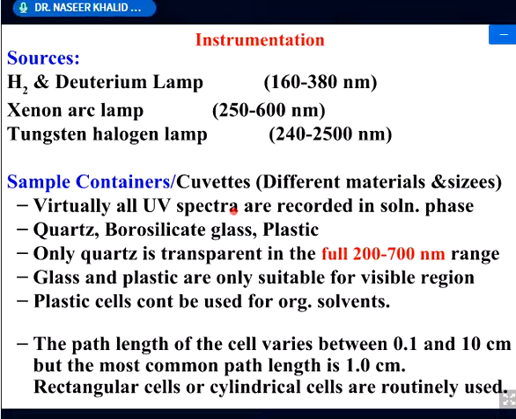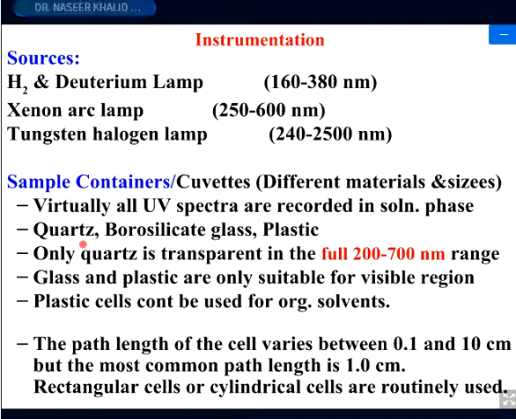For example, if copper is the metal, we will convert it into a copper salt, and then we have to convert almost every sample into this form for recording the UV visible spectrum.